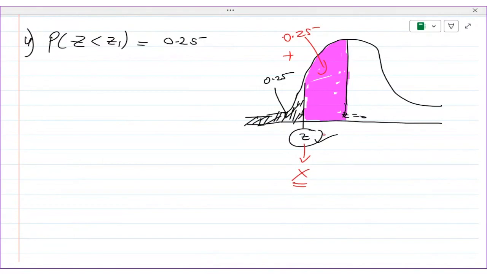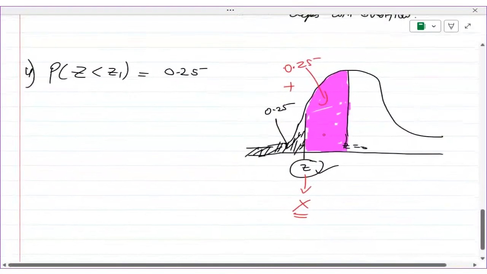So I am finding that value of z below which the smallest 25% probability is there. Here the amount of drink, the average amount of drink is 200. So we are finding the lower side below which there will be 25%. First I find z, then I convert it in terms of x.